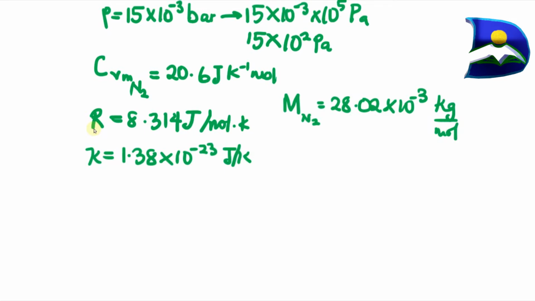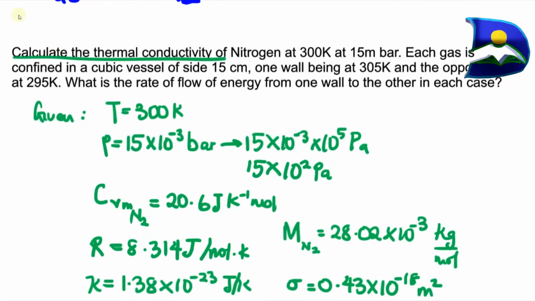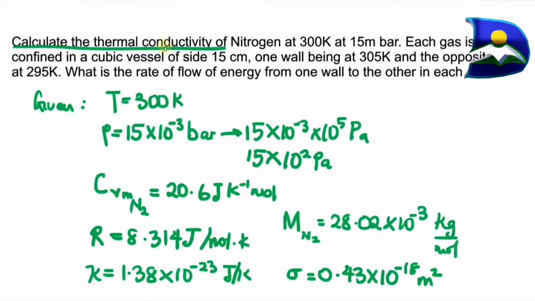Next, we go to a particular table to figure out the specific cross section of our nitrogen gas. Once we have this taken care of, the question asks us to first calculate the thermal conductivity.